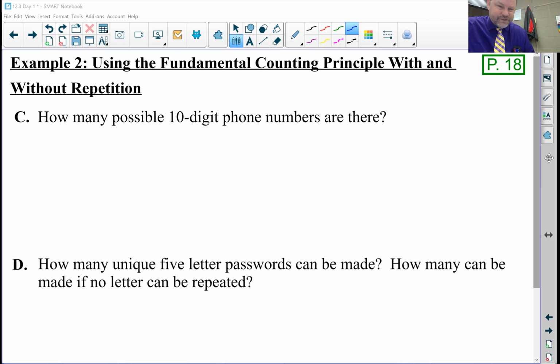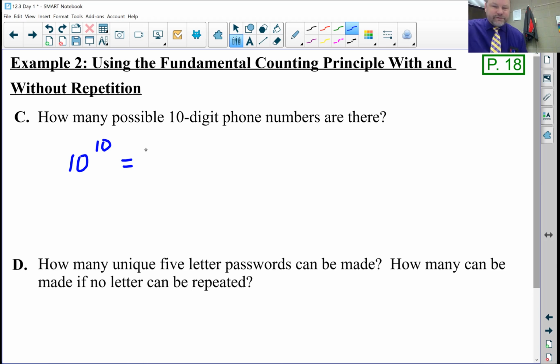How many choices for that first digit? Yep. 10 choices for the first digit. And how many choices for the second digit? 10. Yep. And the third digit and the fourth digit and every digit, there are 10 choices. So I'm going to multiply 10 times.